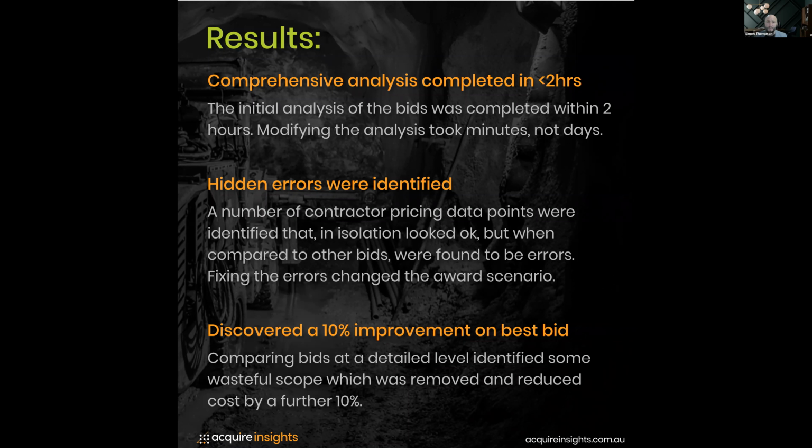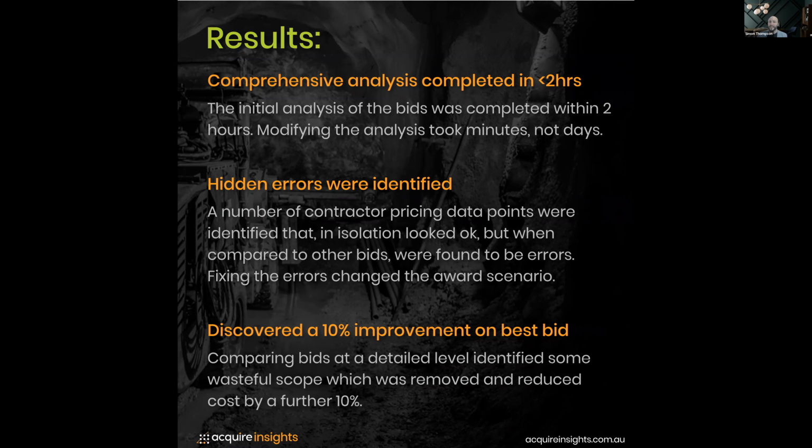The second point was that hidden errors were identified. A number of contractor pricing data points looked okay in isolation. As an example, for one specific rate, supplier A was $90, supplier B was $95, and supplier C was $100, so somewhere between $90 and $100.